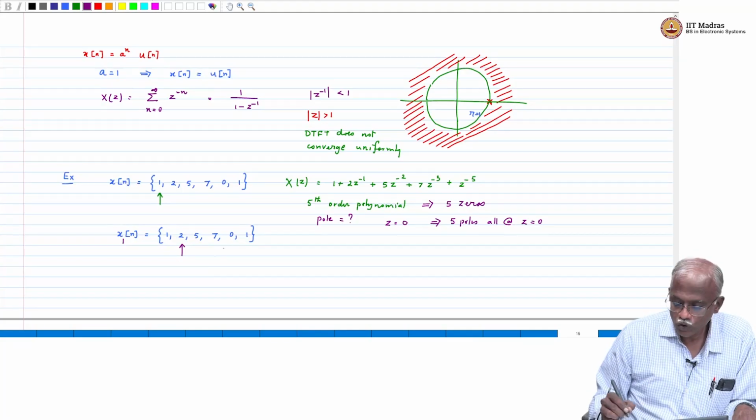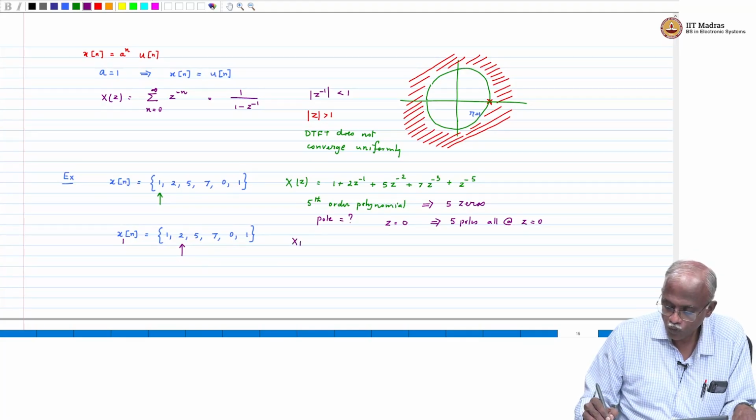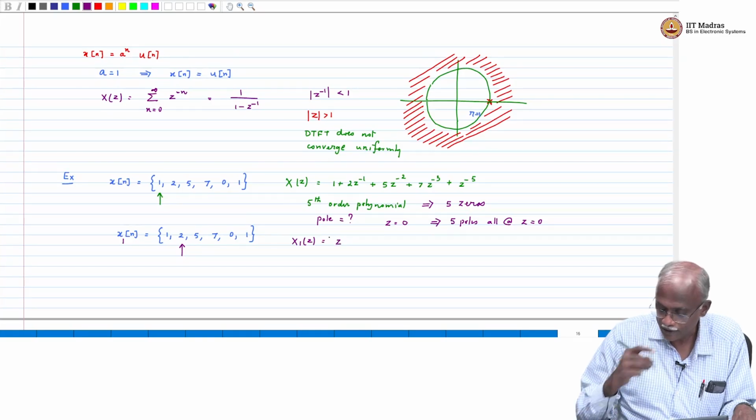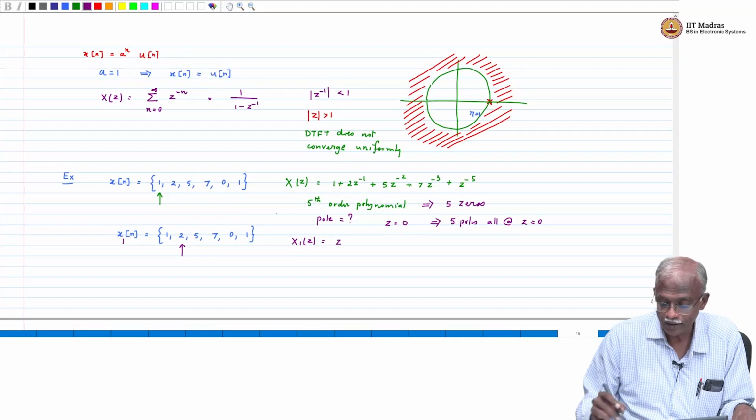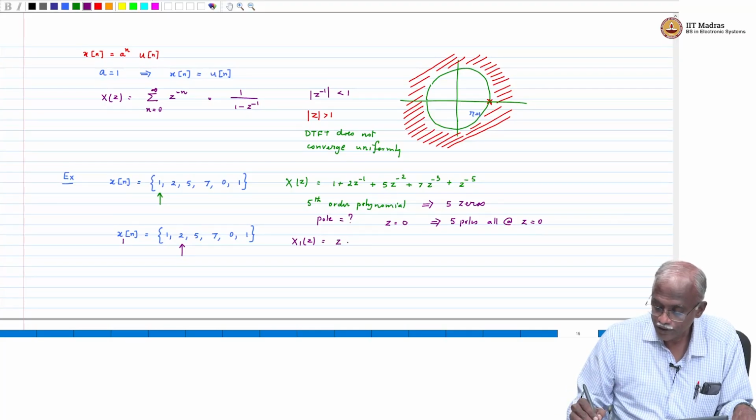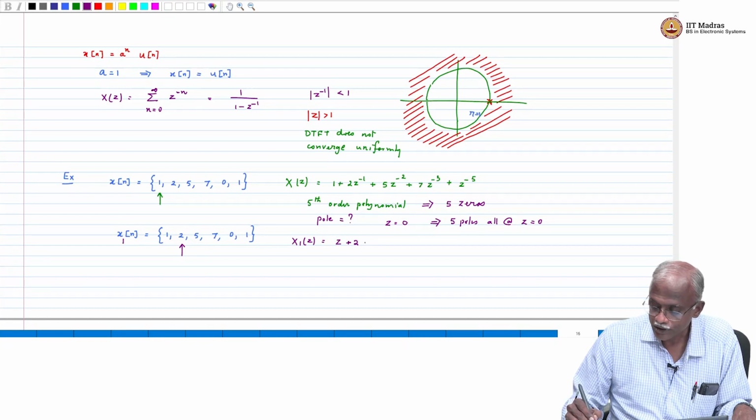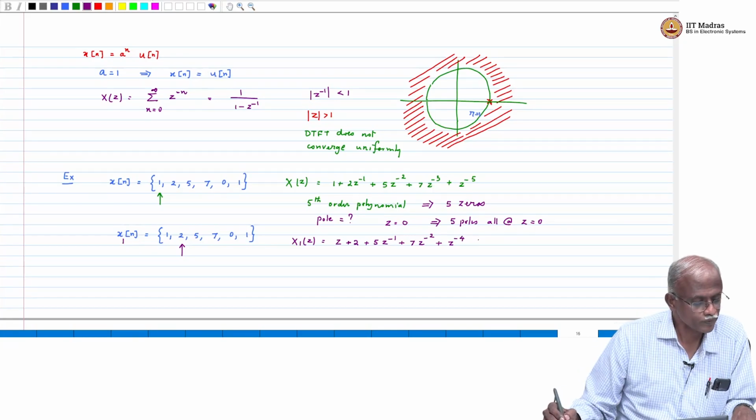So, in this case, x1 of z is equal to, starting with z for the first term, that's a z. Then you have plus 2, that's the coefficient with exponent 0, then 5 times z inverse plus 7 times z to the power minus 2, there is no z to the power minus 3, and then you have a z to the power minus 4.